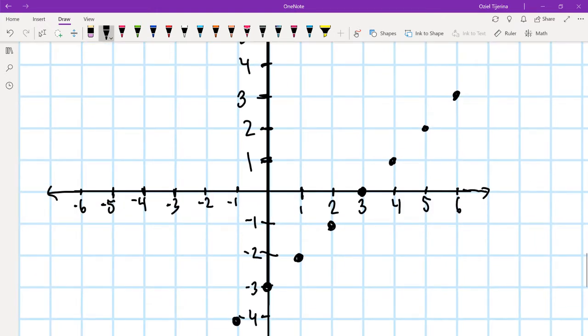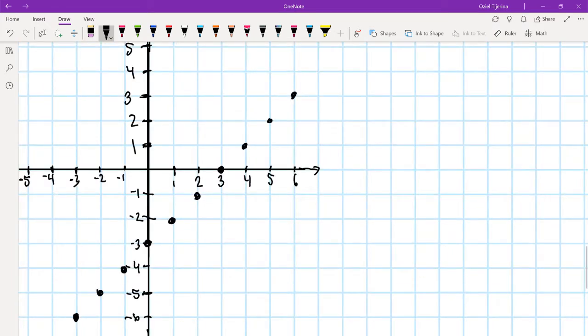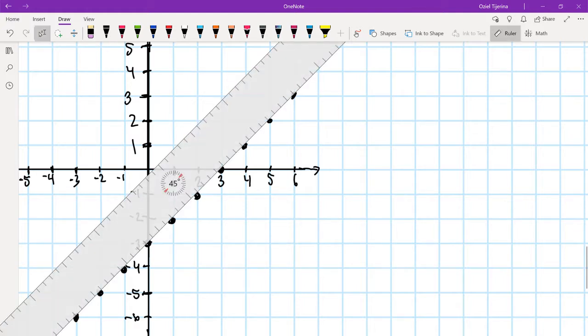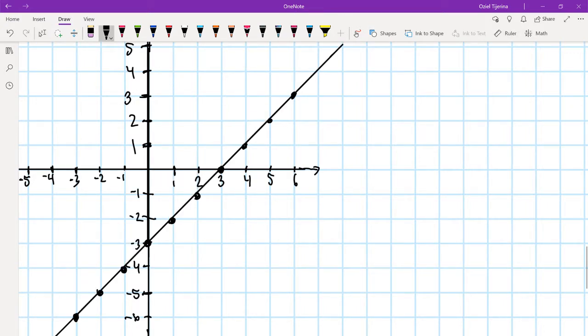And then what you would do is you would go ahead and make a straight line through the points. And that's how you would graph a linear equation, using a table, of course.